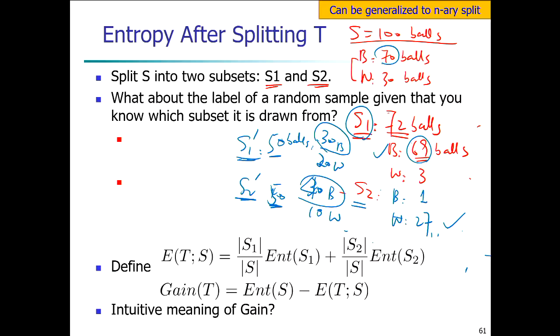You still have certain uncertainties, especially if I tell you the ball comes from S1, because in S1 the black and white are in ratio 3 to 2, so it's quite uncertain, right? So we need to measure what's the best way to partition things into two subsets, such that the uncertainty about the class information is greatly reduced.